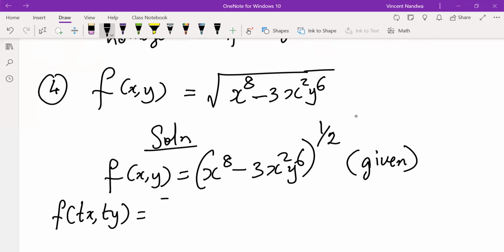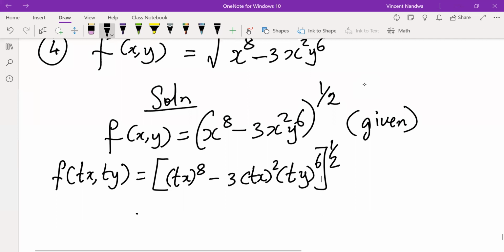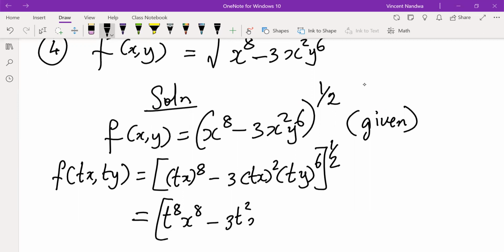So this will be tx power 8 minus 3 tx power 2 times ty power 6, raised power half, which is the same thing as t power 8 x power 8 minus 3t squared x squared t power 6 y power 6 raised to a half.